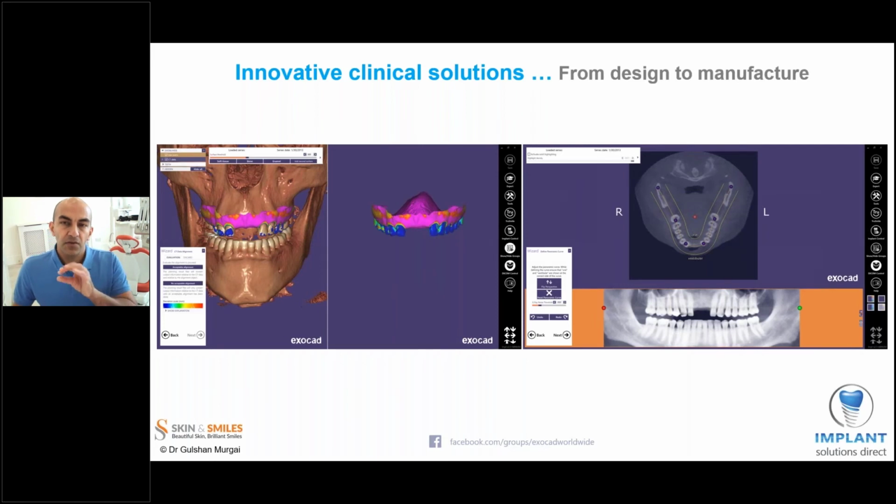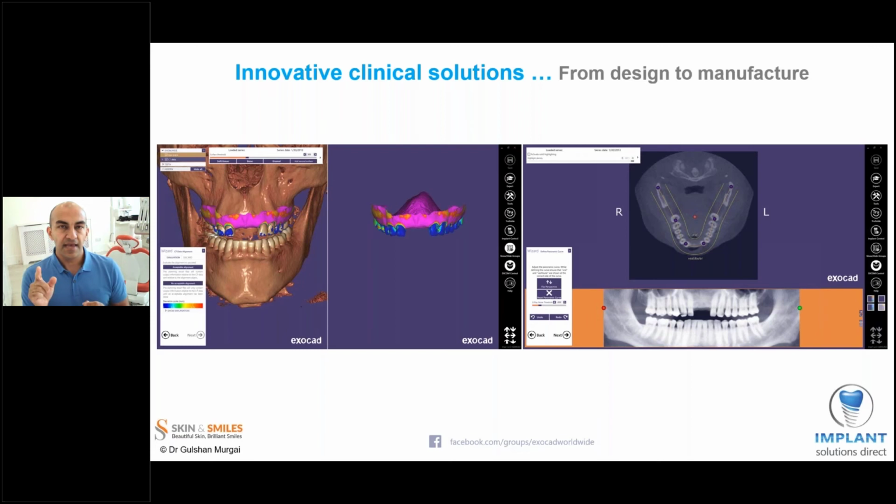Now, on this next screen, you can see two sets of images. On the left-hand side, the image is the correlation of two sets of data. So this is the really, really important part about accuracy.